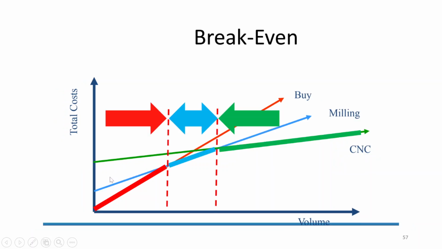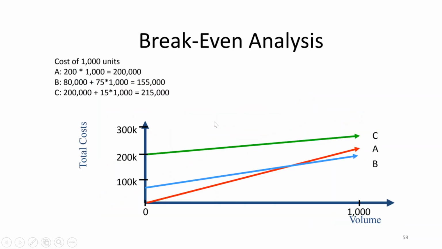Now we have compared three processes: purchasing, milling and CNC. Based on these three processes you can find various ranges in which each process will be cheapest. So now you are given fixed cost and variable cost. Variable cost for purchasing is 200, for B it is 75, for C it is 15, and fixed costs are 80,000 and 2 lakhs.